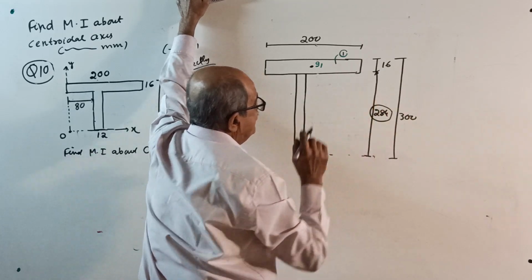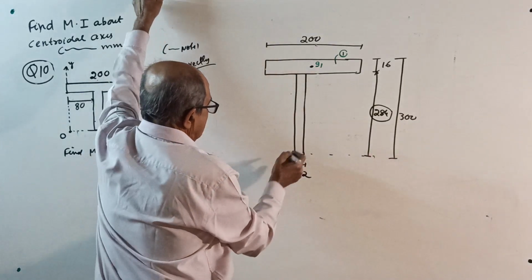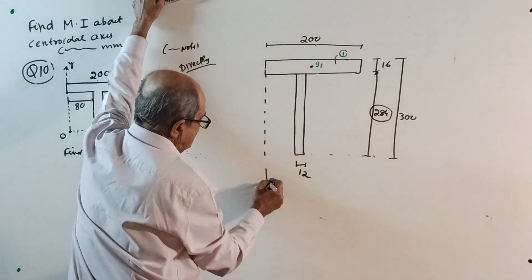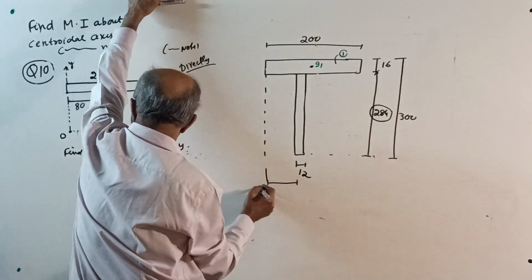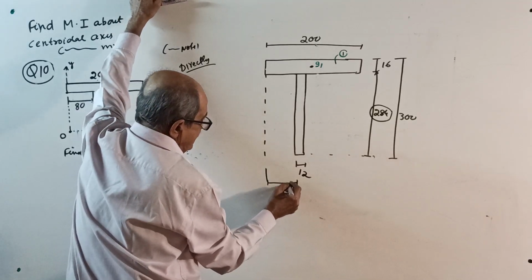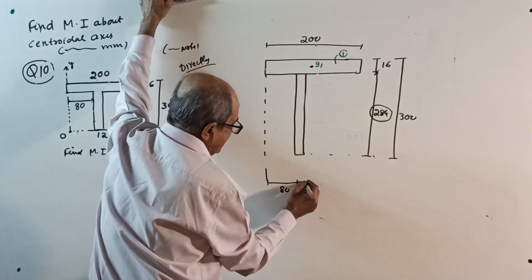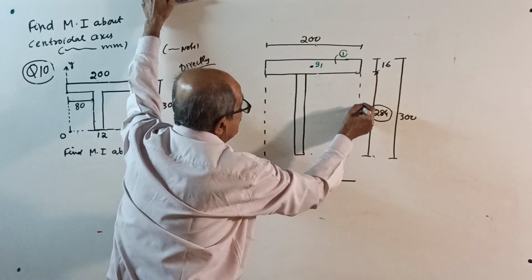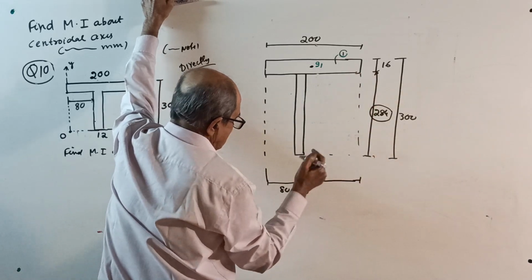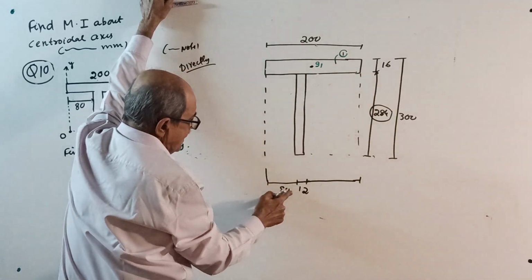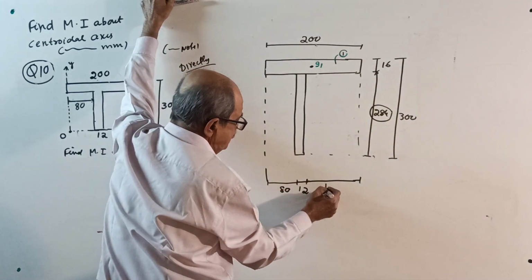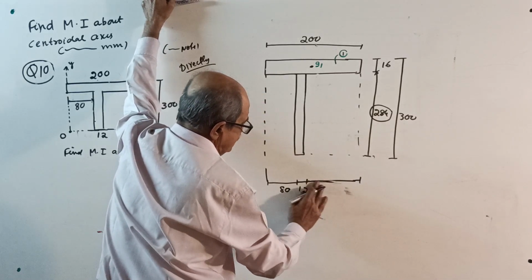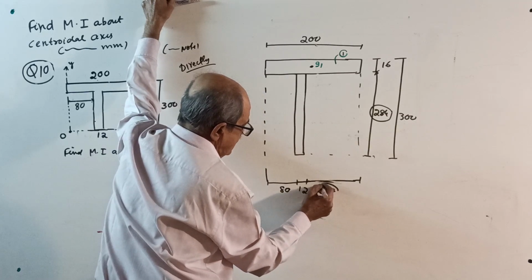Then if I project here, this offset is 80, and I'll put 12 here. If you want this offset, from 200 subtract 80 and 12, 92. So this is 108. Correct?